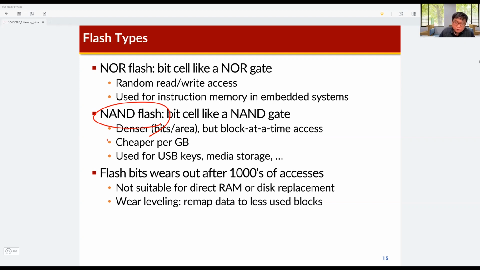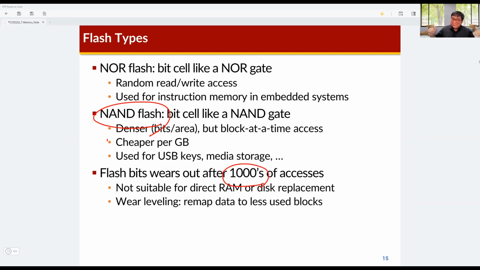But what are the disadvantages of flash memory? Flash memory cells wear out after thousands of accesses. That means that the flash memory cells will break if we write about 1,000 times. So the cells are broken, and we cannot use these broken cells anymore.